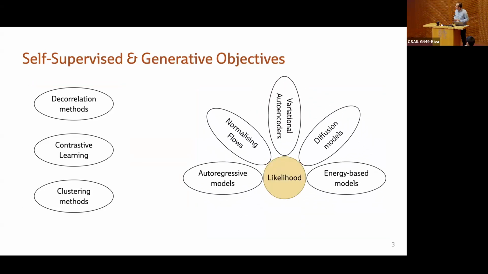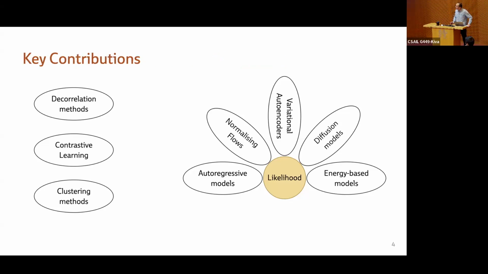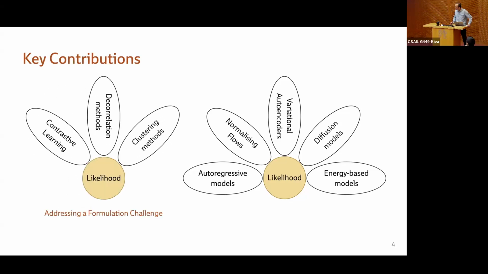What is already known is that the framework underlying these generative approaches is the likelihood formulation. So we formulate the training in terms of likelihood. What we are going to show in our work is that we are identifying the common underlying principles behind self-supervised learning, and we are going to demonstrate that a similar principle holds for self-supervised learning, so we can leverage the likelihood principle also for this family of approaches.